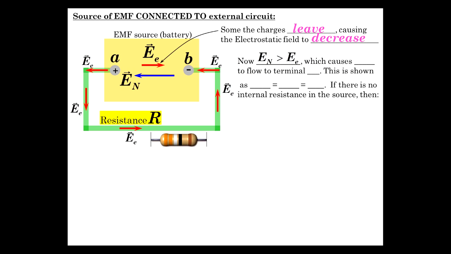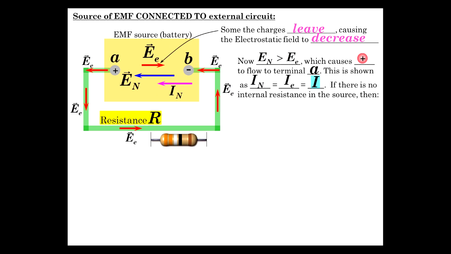So the non-electrostatic field is bigger than the electrostatic field, which causes positive charges then. See, this wins out over this inside the battery. So positive charges are going to flow across this way from the negative to the positive in the solution. So it's going to be shown as I non-electrostatic, which is also I electrostatic, which is just the current in the circuit.